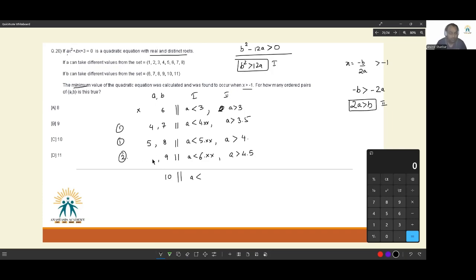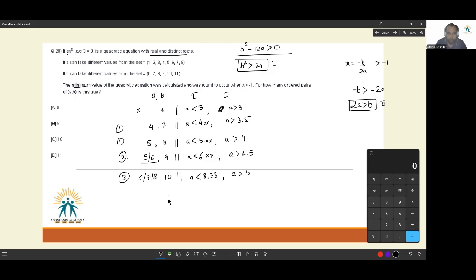So 81 by 12, how is it that way? 5 and 6 here, possibly. And this is 8.33. If you're that insistent, here A is greater than 5. So possibilities are 6, 7, and 8. Here we get 3 cases.